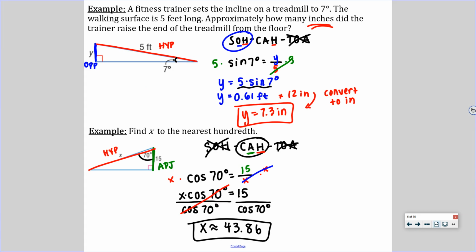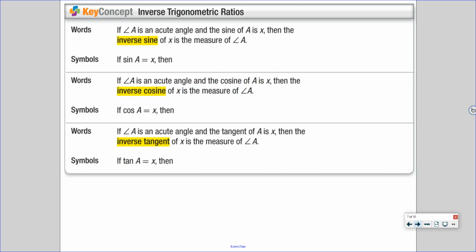Okay. Now, going back to those little buttons you saw on your calculator that look like this. Sine with like a negative first, like in the exponent spot. Cosine with a negative first in the exponent spot, and tangent. That notation means inverse. Okay, inverse in math can mean a couple things.